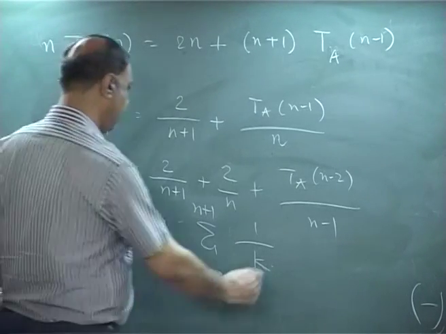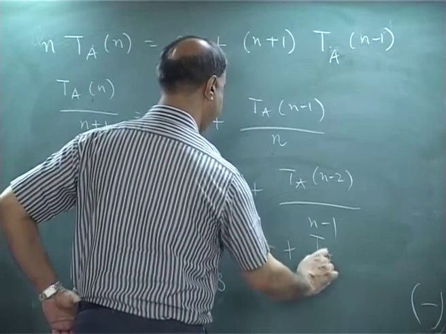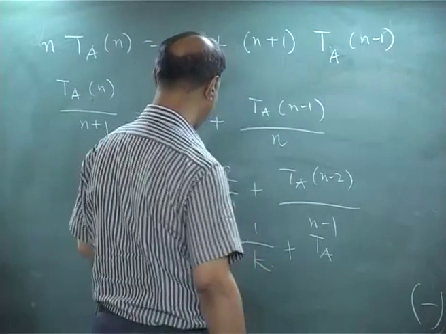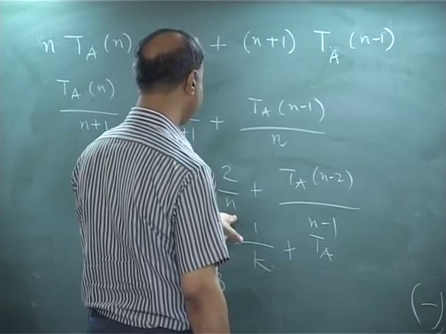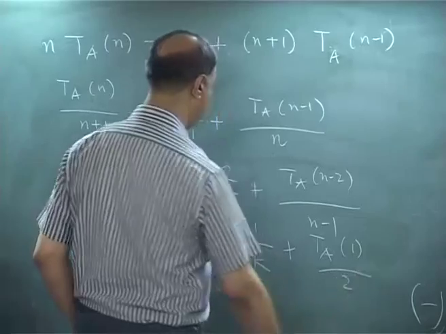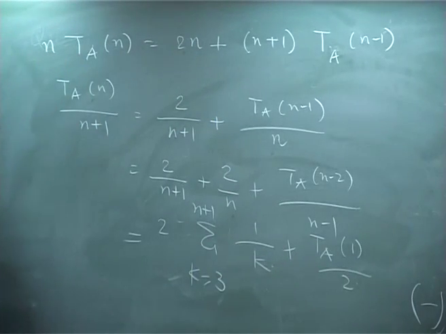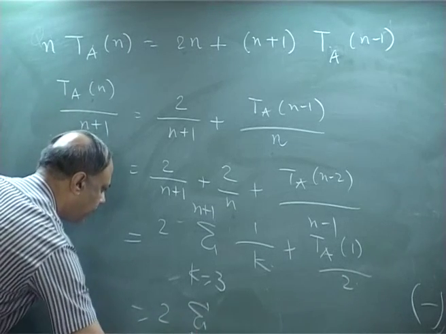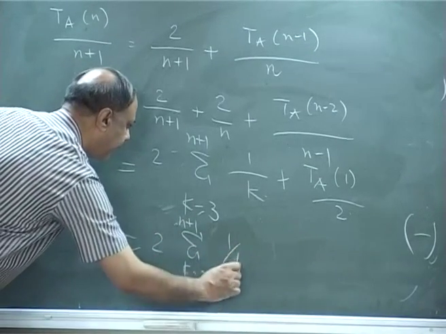If I write here 3, this becomes 1, this becomes 2, okay? So TA1 is 0. So this is equal to 2 times summation k equals 3 to n plus 1, 1 by k.